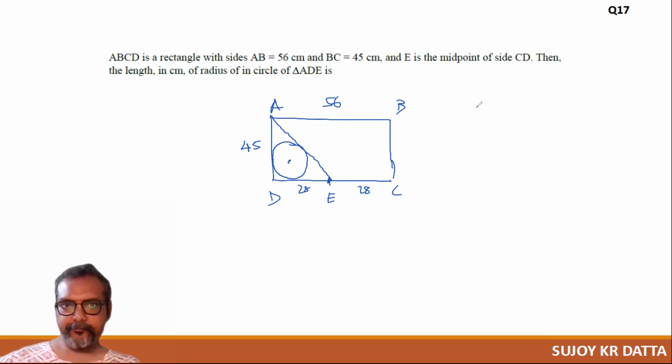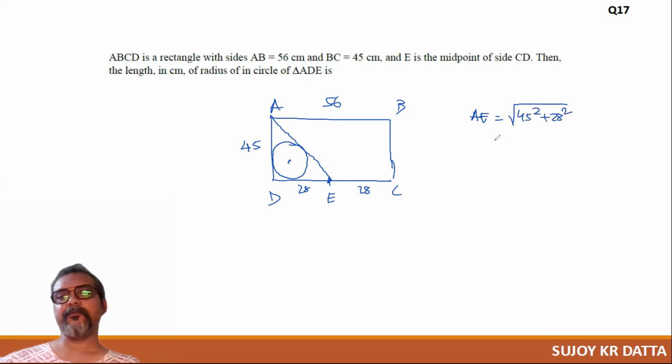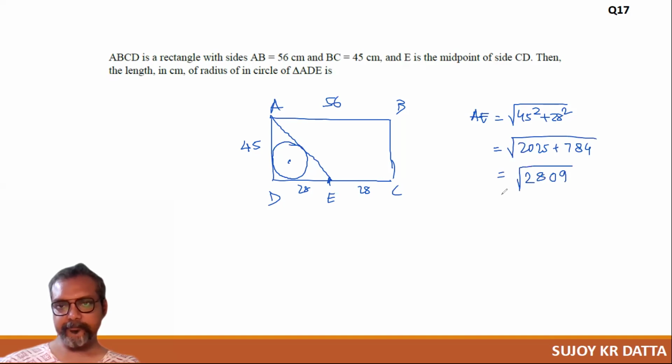If you look at AE, let's use Pythagoras theorem: 45 squared plus 28 squared. So 45 squared is 2025 and 28 squared is 784. So that will give us 2809, and the square root of 2809 would be 53 most likely. Let us just check that.